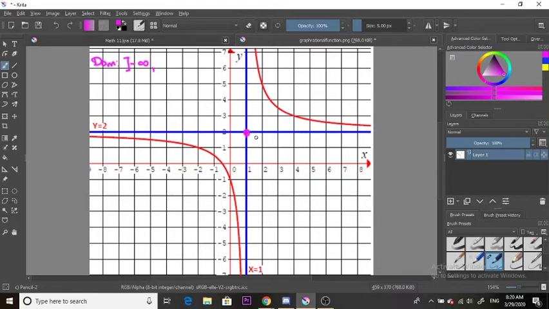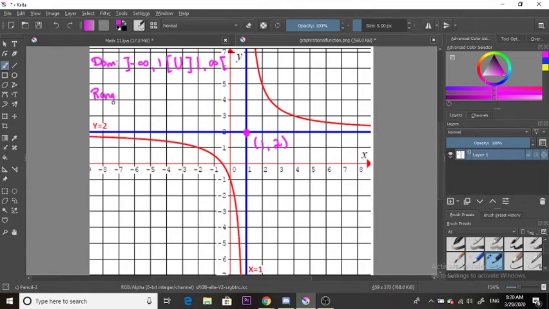If we look at our h here, our h is +1, our k is +2. So the domain goes from negative infinity to 1, open bracket, open bracket again, and then it goes from +1 to +infinity. So this is our domain of this function.